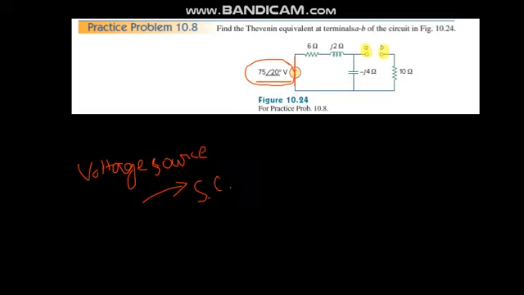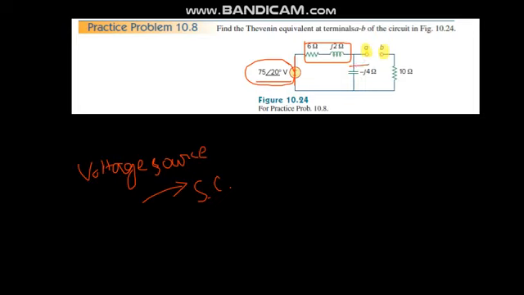Now coming back to the point, first of all we have to make a short circuit, then find out the equivalent impedance. I will give you another idea, a tip to make it easier. Just first of all, make the impedances into blocks.